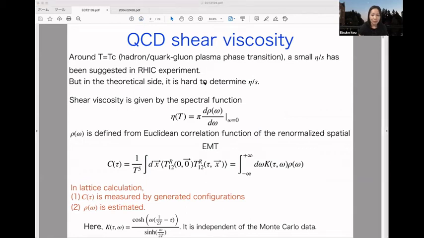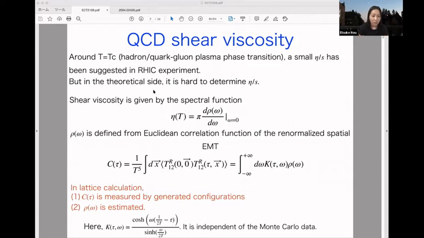So let me start briefly. What is QCD shear viscosity? As you know, around the critical temperature between the hadronic and quark-gluon plasma phase transition, a small eta over s, the shear viscosity to thermal entropy ratio, has been suggested by several experiments.